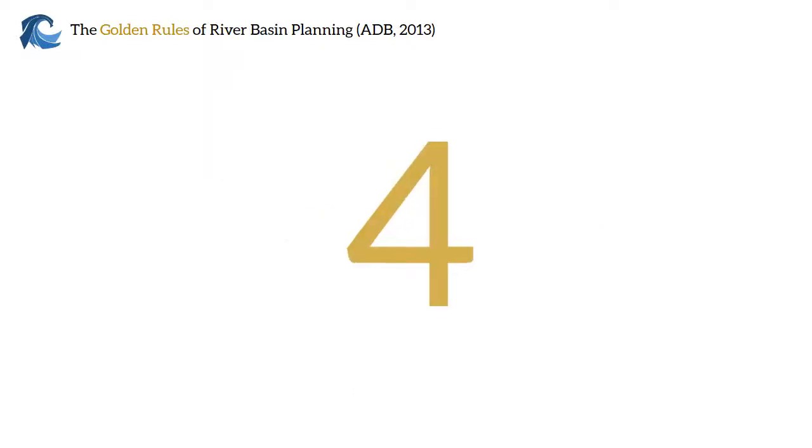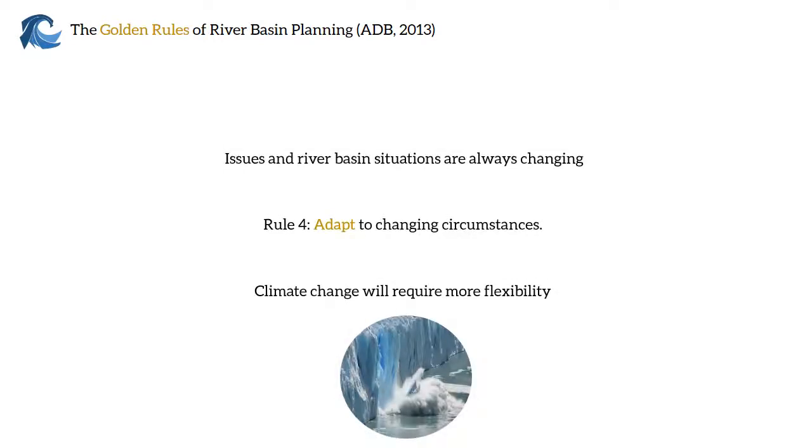So, number four. The fourth golden rule from ADB is to adapt to changing circumstances. Now, we have different environmental, physical, political problems that may come into play when we are planning our river basin management plan. And they all have an effect on how we should approach it because, for example, climate change will require us to become more flexible when creating a plan.